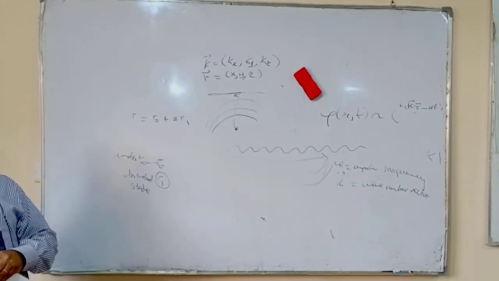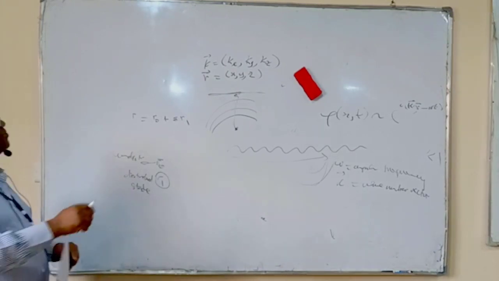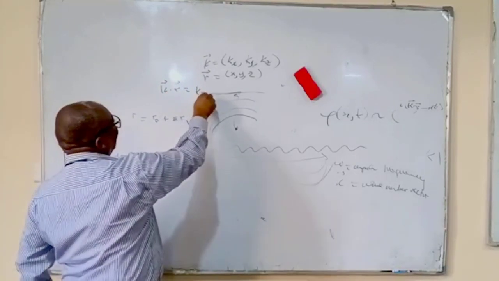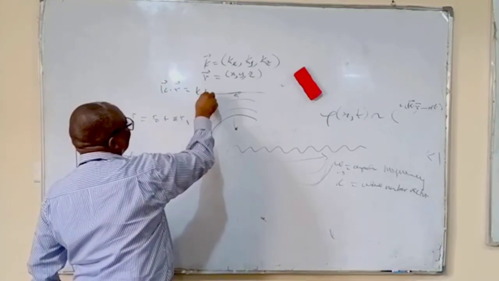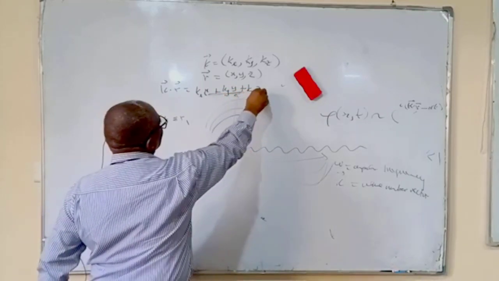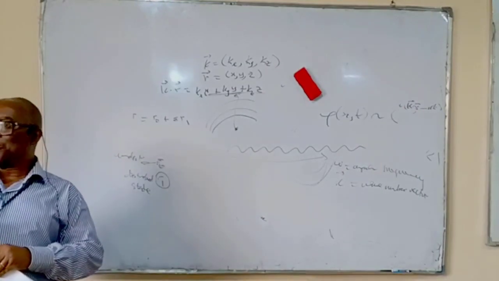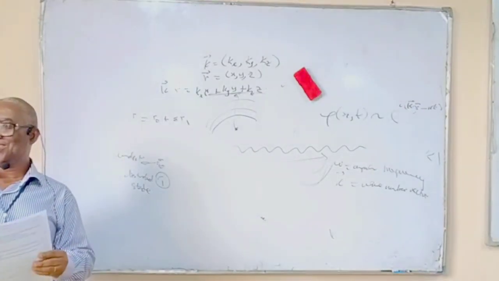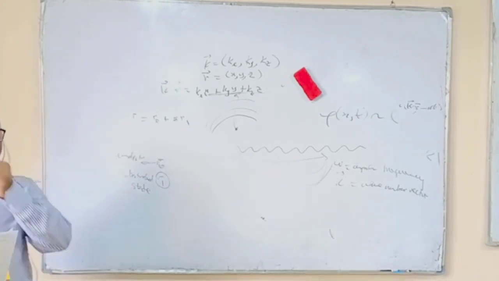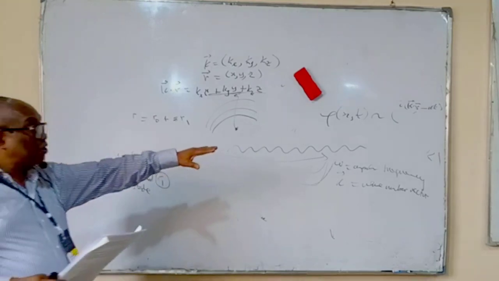A number, is it not? That gives us kx x plus ky y plus kz z. Is it not? So, you see what I'm saying? We should go back to our vector section, and they will appreciate that. So, this is how a wave can be represented. This is the form we will use.